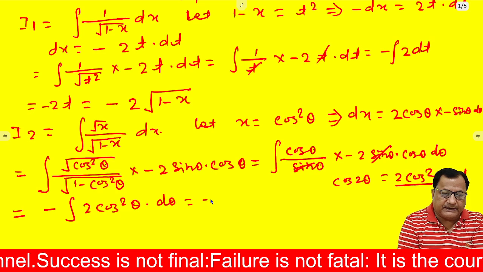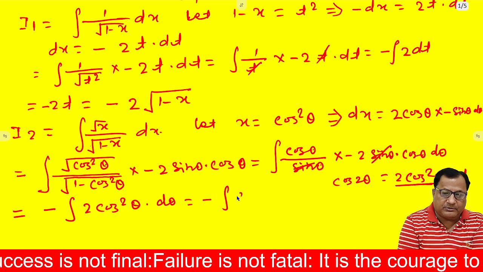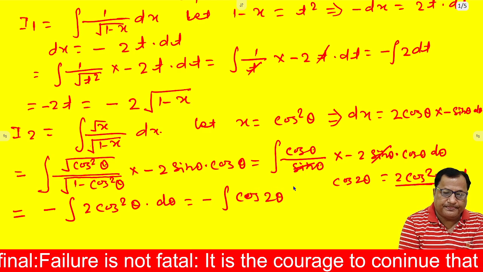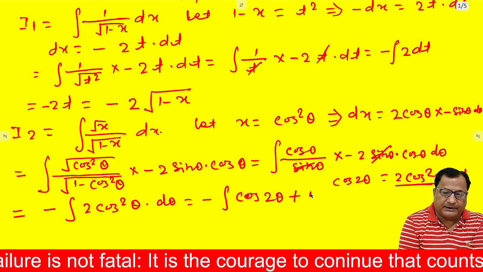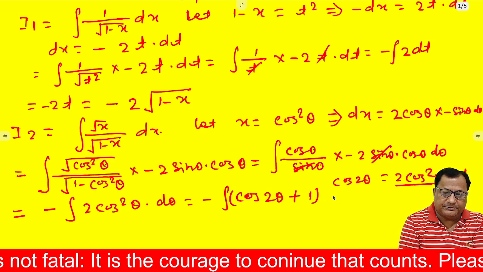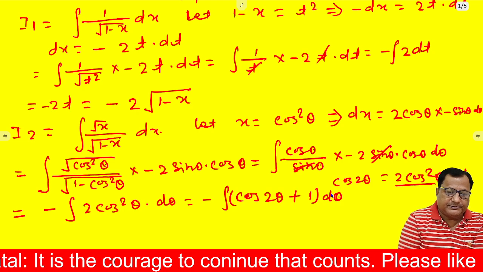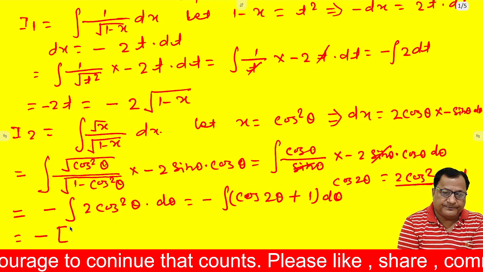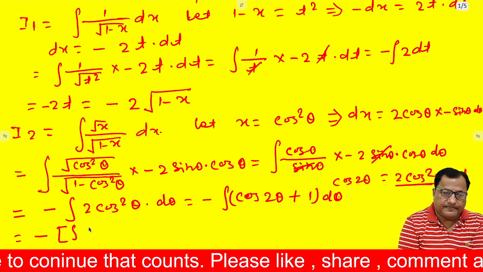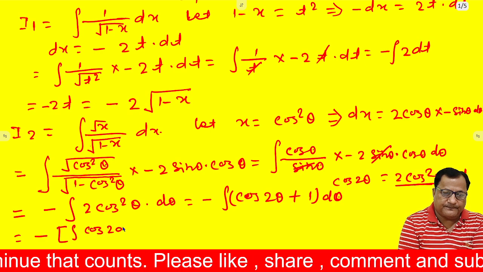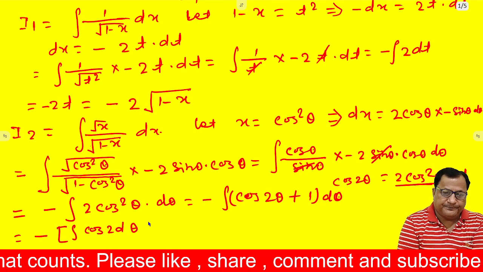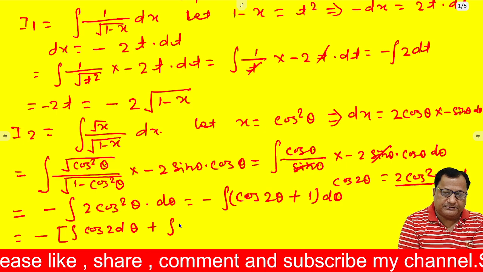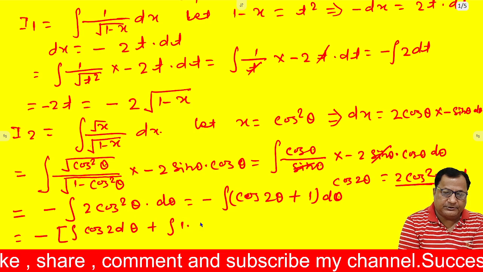So here will be minus integral of (cos 2 theta plus 1) d theta. Now this will be minus integral of cos 2 theta d theta plus integral of 1 into d theta.